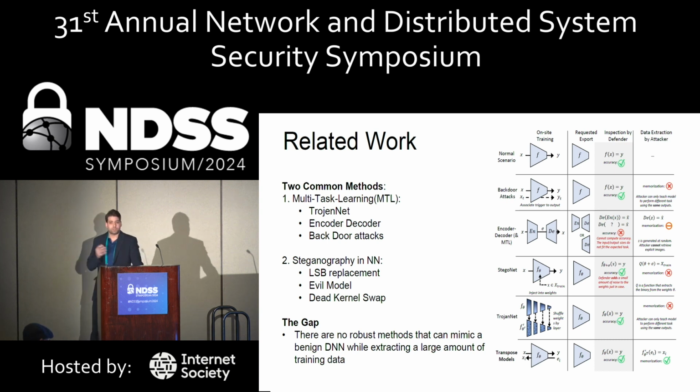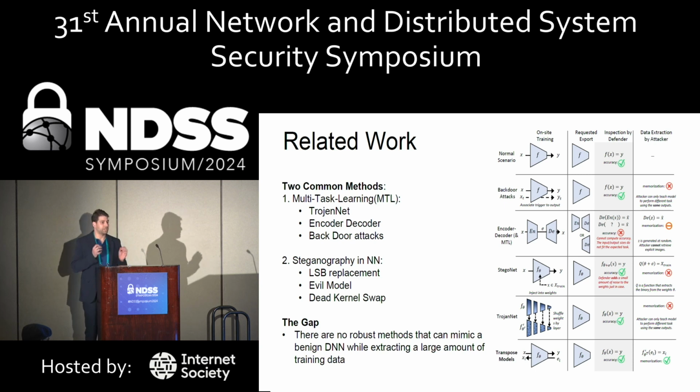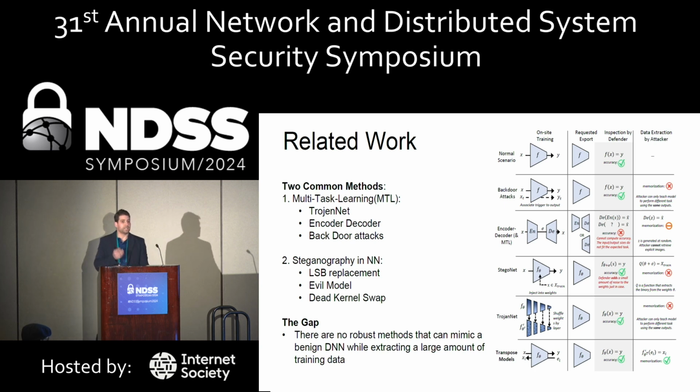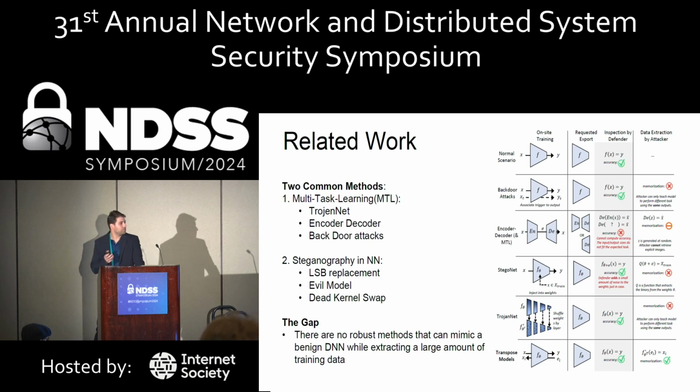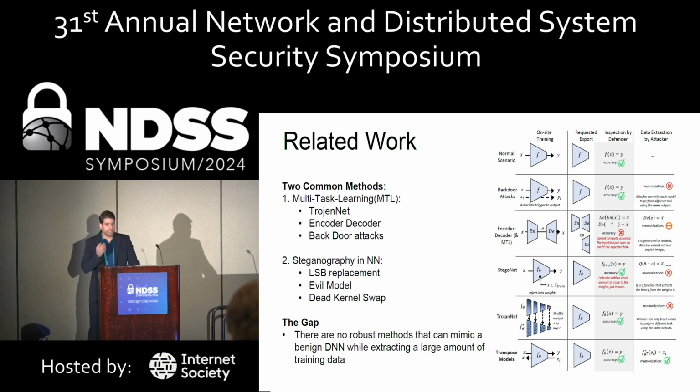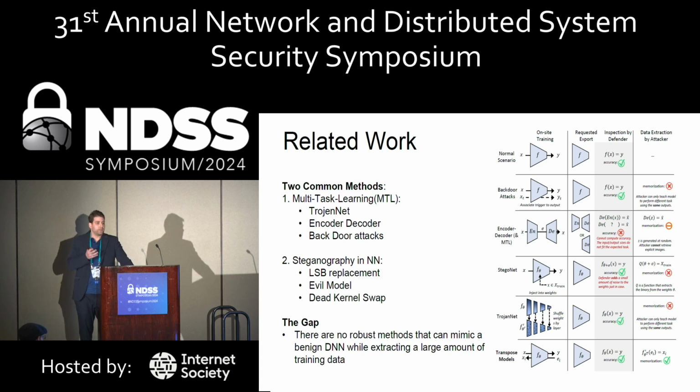However, this approach does not fit our threat model either, because it is very vulnerable to simple prevention mechanisms, such as scattering a low magnitude of noise on the neural network weights, which completely deletes the embedded data. So our research is here to fill the gap of being a method for producing a benign-looking model which can secretly perform the task of data extraction in a robust manner.